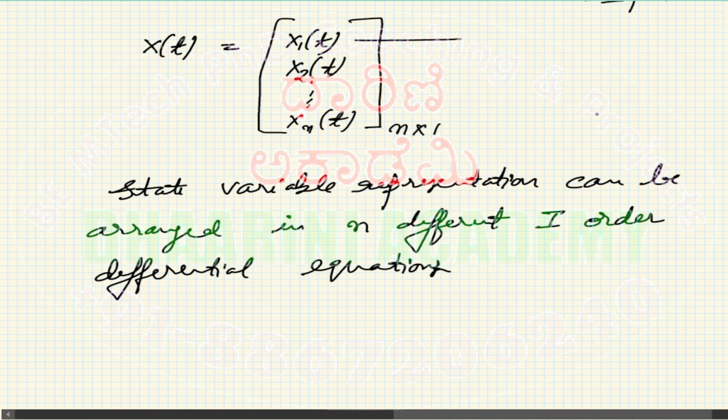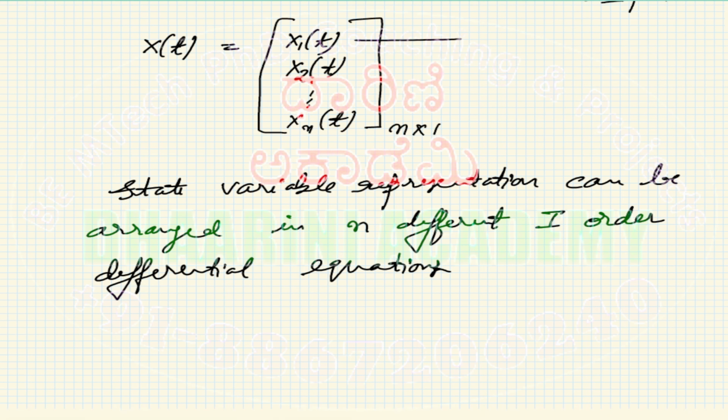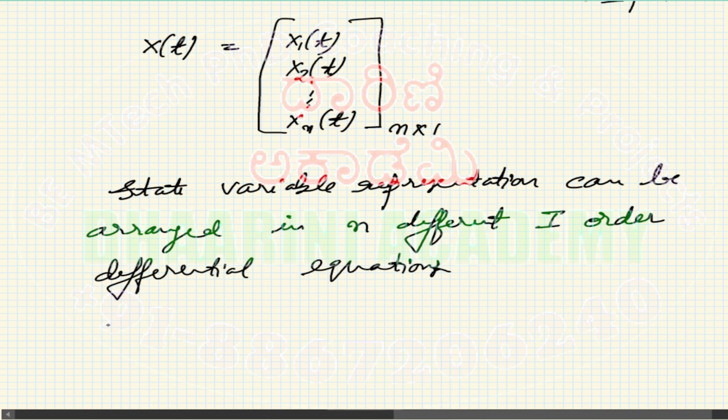Are you okay with that? So that's what I mentioned just now. So n different equations we have written, and I'll write the equations now. Therefore this is dx1 of t by dt, and the standard representation is x1 with a dot above it, indicating that it is a derivative, okay?